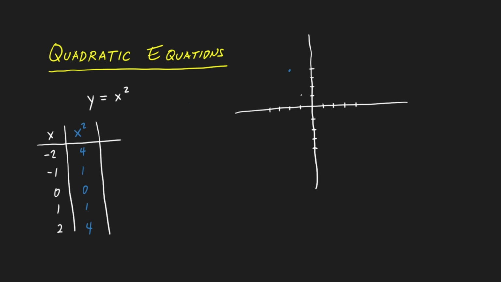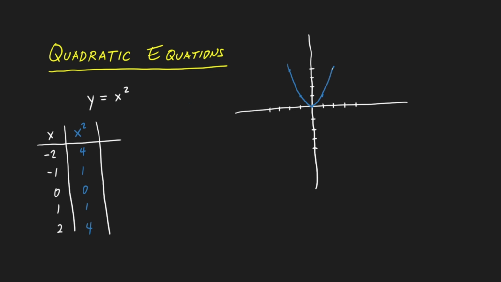At x equal to -1, x squared is equal to 1, so the point is going to be right here. At 0, x squared is also 0, and we just mirror the left side onto the right side. So our graph is going to look like that.